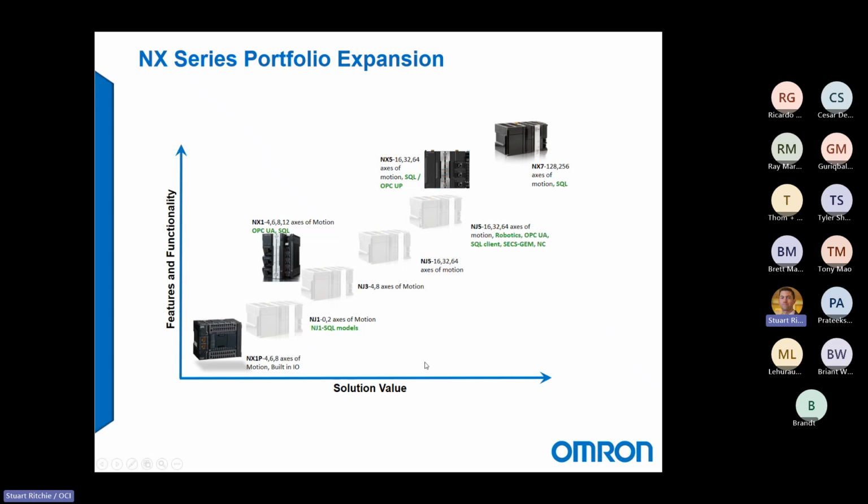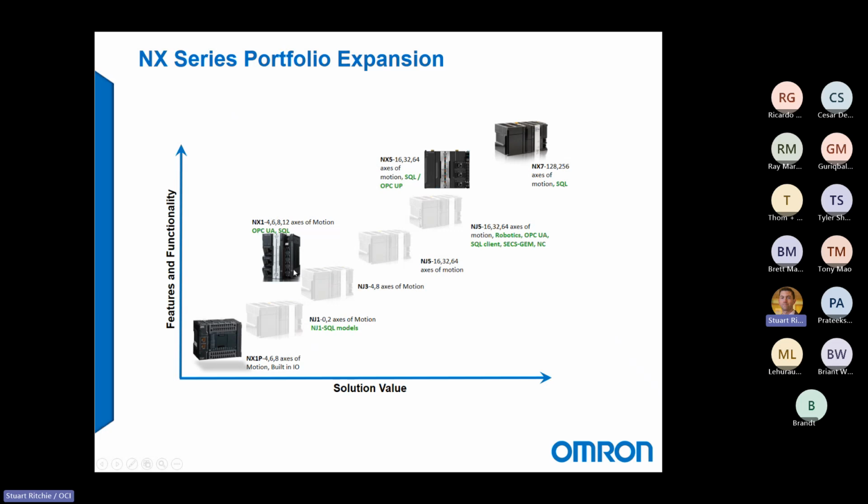This is the current portfolio of the NJ and NX CPUs. And they're the CPUs we program with Sysmac Studio. So we're primarily focusing on the NXs today. NJs are kind of more for retrofit type applications. Bottom left, we've got our NX1P shoebox style PLC. It generally has 24 to 40 built-in I/O, and you can expand it with NX I/O.